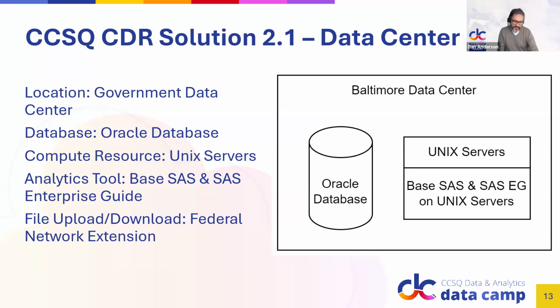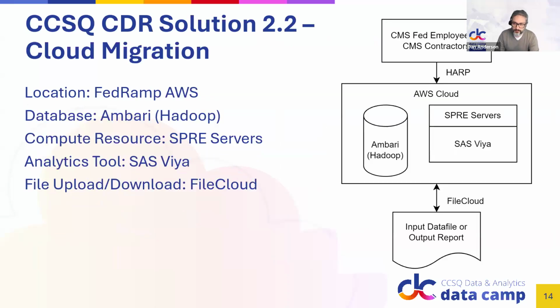And then, of course, government and everybody started moving to the cloud. So we do a cloud migration. And here, we call out that we have federal employees and CMS contractors that would access the FedRAMP certified AWS cloud environment, where data would be stored as a Hadoop structure in Ambari, and you would have Spree servers that would host SAS.